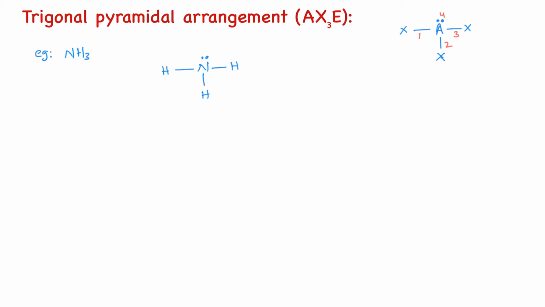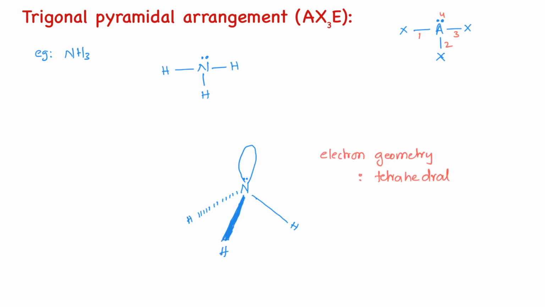In ammonia, nitrogen has 3 single bonds around it and 1 lone pair. So, overall, there are 4 valence shell electron pairs, which means the geometry of electron pairs, which is also known as electron geometry, is still tetrahedral.